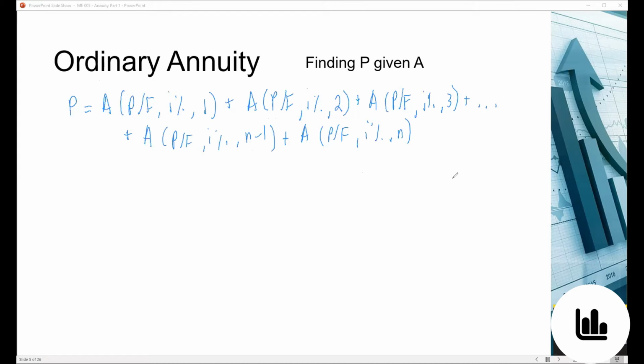Okay, so if we convert this, kalalabasan niya ay 1 plus I raised to negative 1. 'Di ba? Kasi from future, ginawa nating present, pakaliwa yung pag-move natin, no? So, ganun yung kalalabasan niya. A, 1 plus I, negative 2. Tapos plus A, 1 plus I, negative 3.